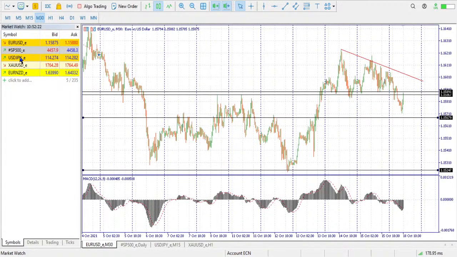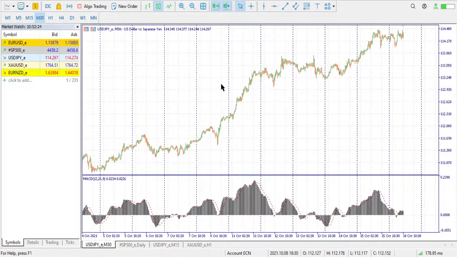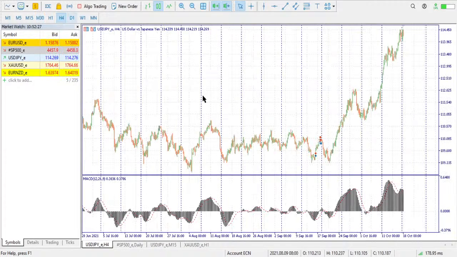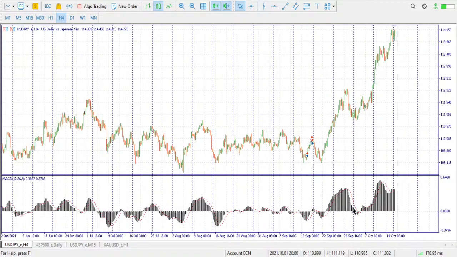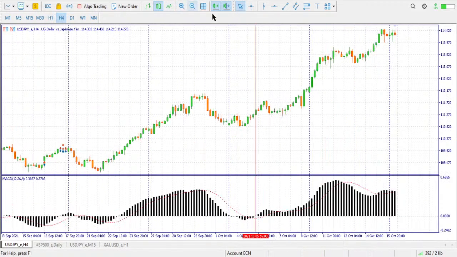The next symbol which I want us to look at is the US dollar Japanese yen. This is bullish. If you check clearly, you can see from the 4 hours that the columns of MACD actually crossed around this area. So if you are looking at this chart, you could have started thinking for a buy when that happened.